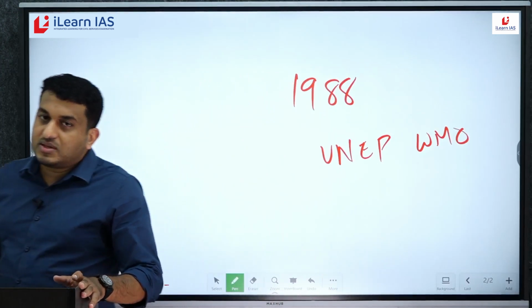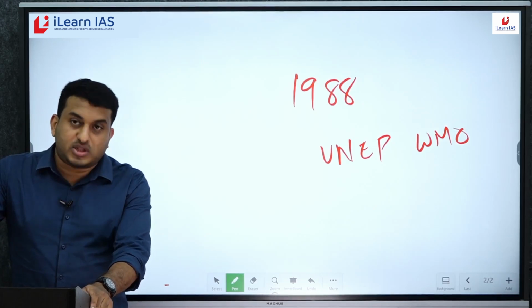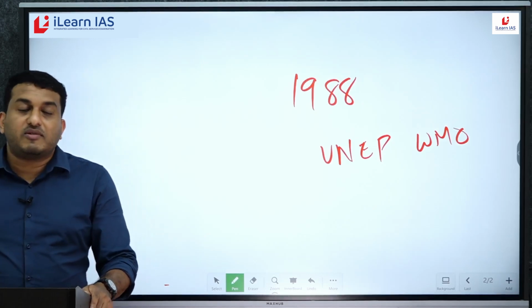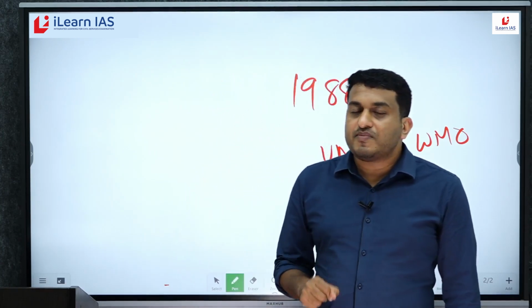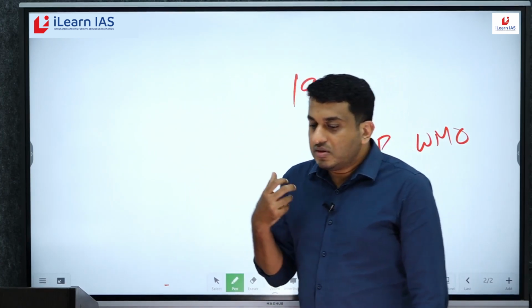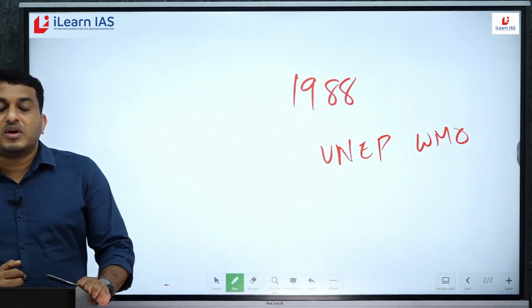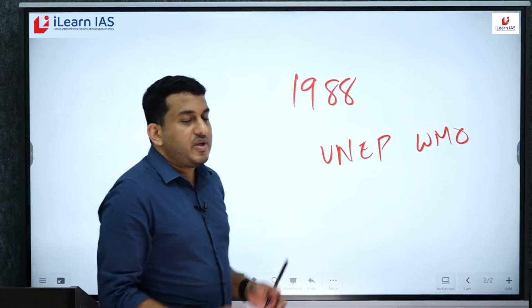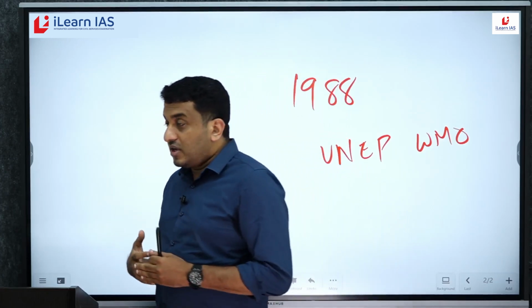So what does IPCC do? IPCC produces reports that support UNFCCC. I told you IPCC actually collects data and publishes reports. The world leaders, after reading these reports, then go to UNFCCC, have a meeting, and take the necessary action for combating climate change.